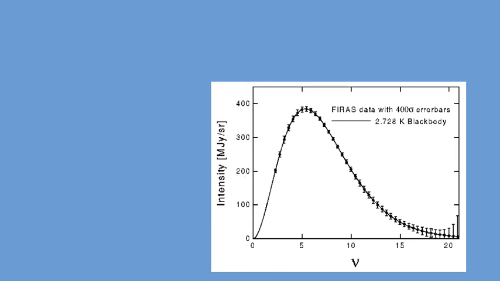There were some variations, and you can see the variations in these little bars that show variations in the measurements. To date, no one has come up with any other way of accounting for this background radiation.